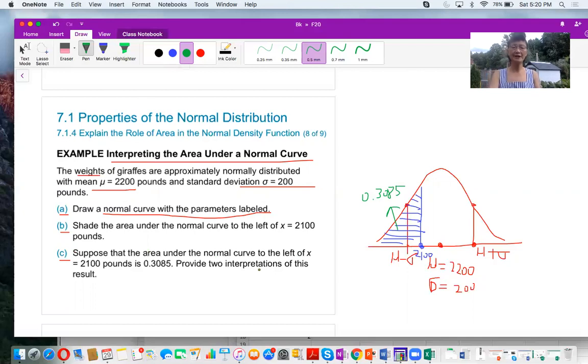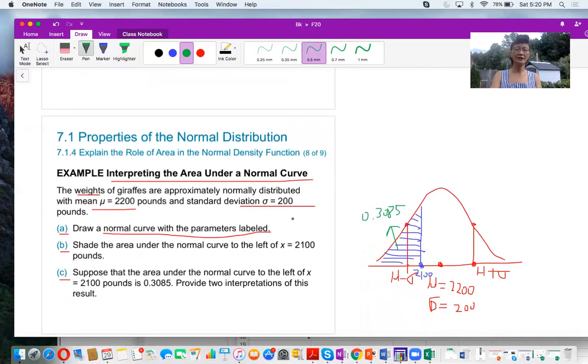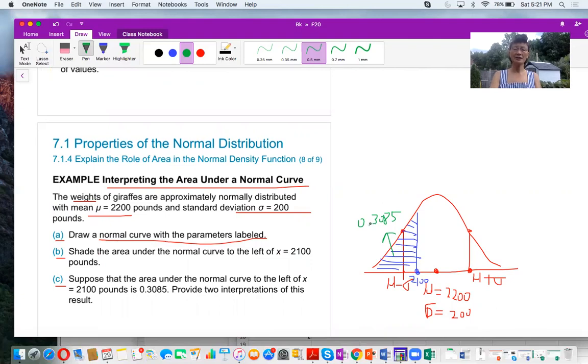Provide two interpretations. So interpretation one, the proportion of the population. Okay, the proportion of the population whose weight is equal to or lower than 2,100 is 0.31, or 31% of the population has a weight equal to or lower than 2,100 pounds.